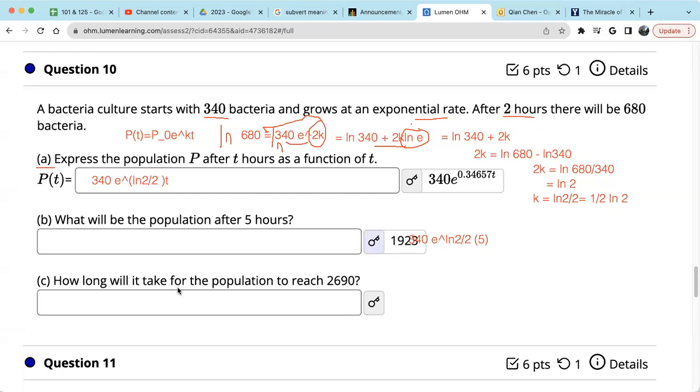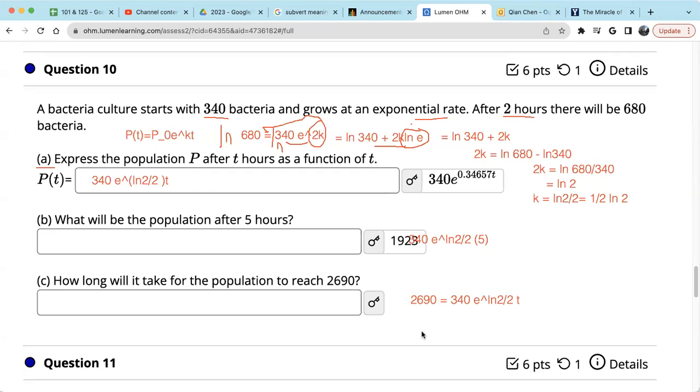How long will it take for the population to reach 2,690? We have to form another equation. The equation for this is 2,690 equals 340 times e raised to ln 2 divided by 2 times t.